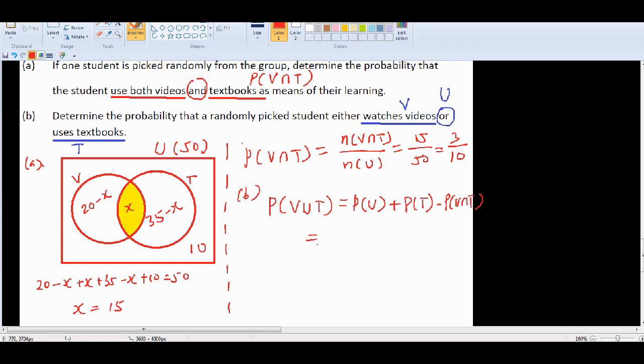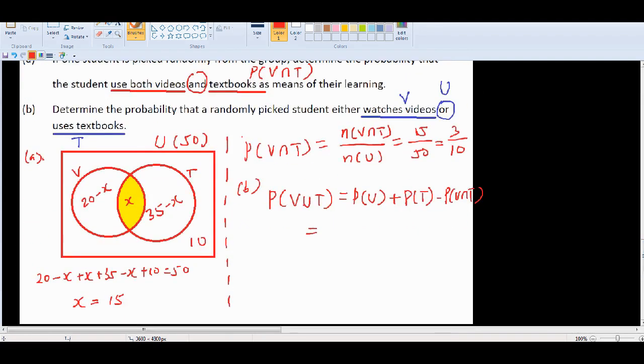When you apply this rule, we've got V as 20 over 50, textbook 35 over 50, and take away the intersection. For this one you get 4 over 5, and that would be the answer.